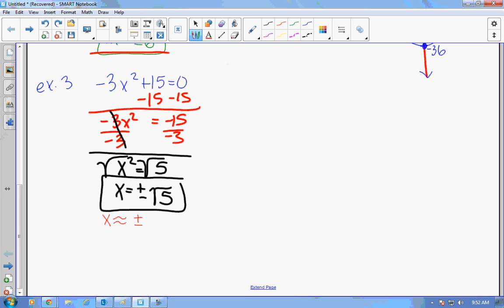Yeah, approximately plus or minus 2.24. So about 2 1/4. Why do I put squiggly equal signs? Because I'm approximating. It's not that I'm unsure, it's I'm rounding. So it's approximately. Okay, now we have 2 points. We need a vertex. How can we find a vertex?